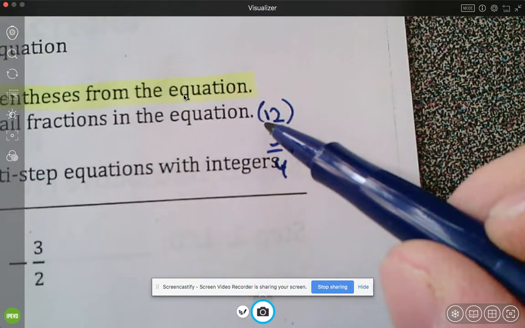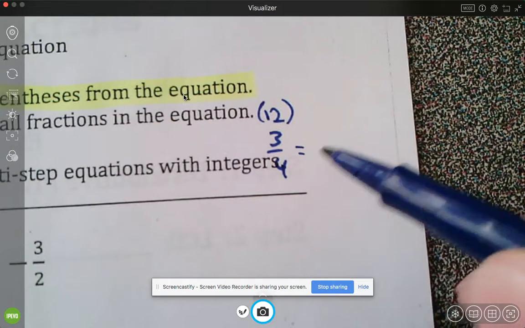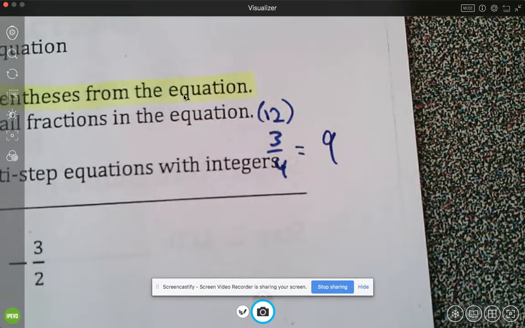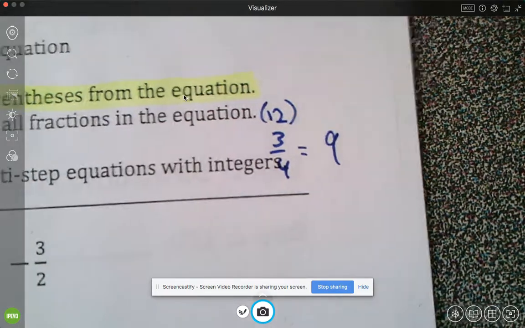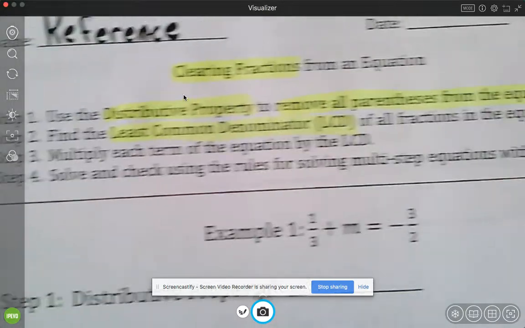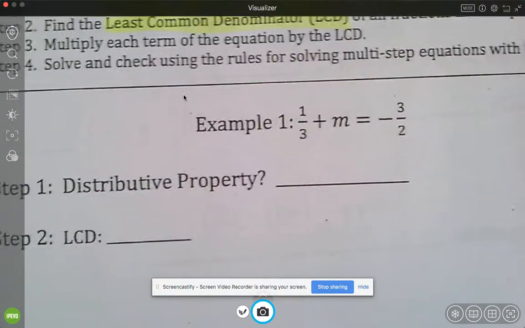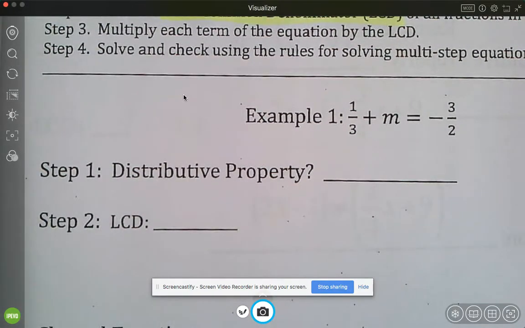Hopefully you would say 12 times 3 is 36, and 36 divided by 4. This would clear to just be 9. Then you can just solve it usually using the normal multi-step equations that we've always been doing. So again, in each example, we're literally just clearing the fractions for now, not worrying about solving them.